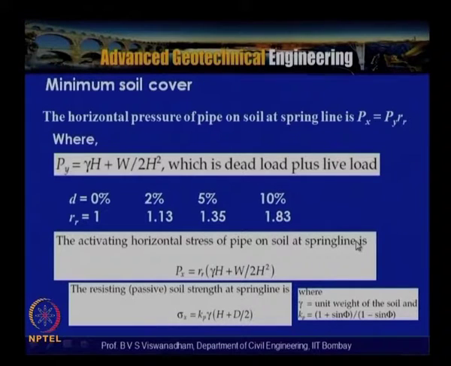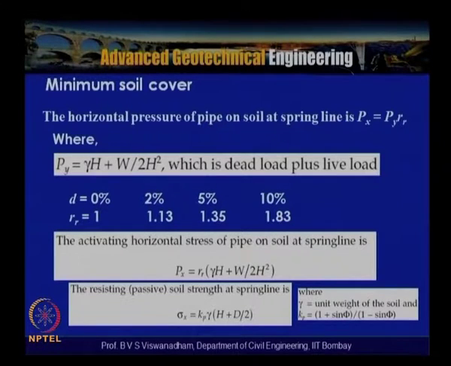So the loading is Py is equal to gamma h plus W by 2h square, that is due to the dead load, that is the self weight of the soil, plus live load, and the activating horizontal stress on the pipe on soil at spring line is Px is equal to Rr into gamma h plus W by 2h square. Now the resisting stress of the soil at spring line is sigma x is equal to Kp into gamma into h plus d by 2, where gamma is the unit weight of the soil and Kp is the passive earth pressure coefficient, which is 1 plus sin phi by 1 minus sin phi, that is the Rankine's earth pressure coefficient we have taken.